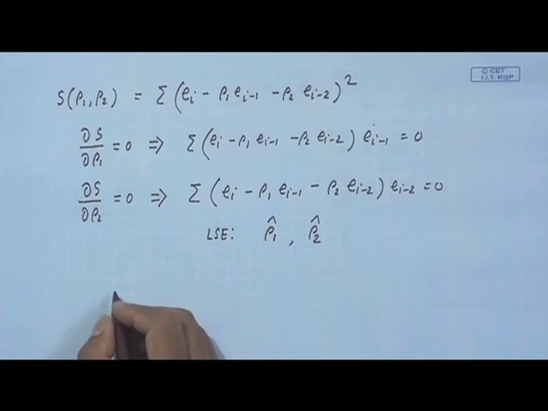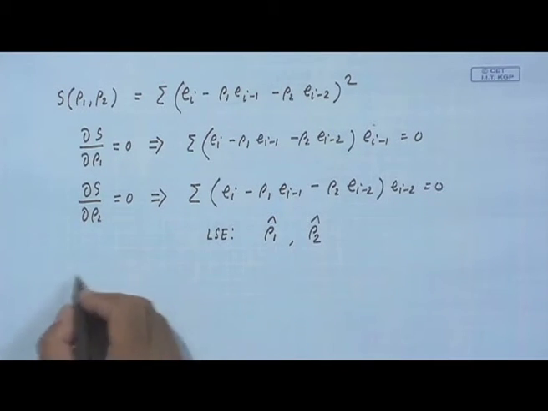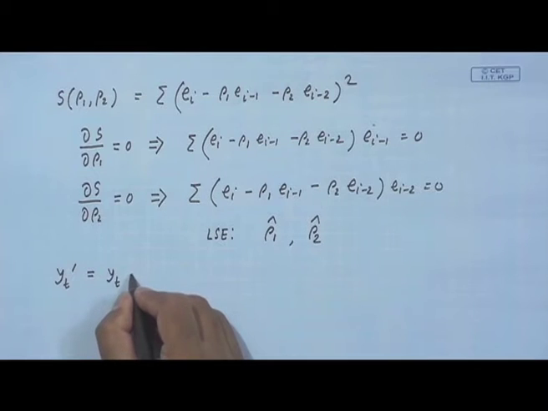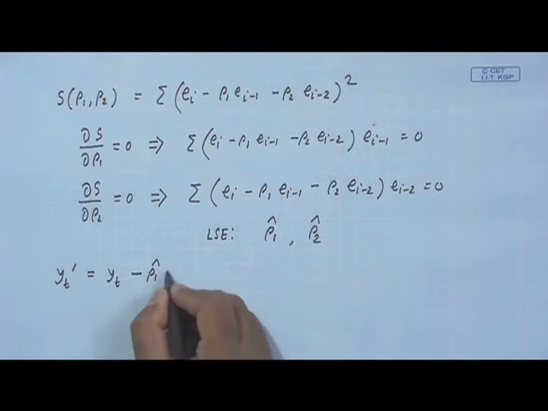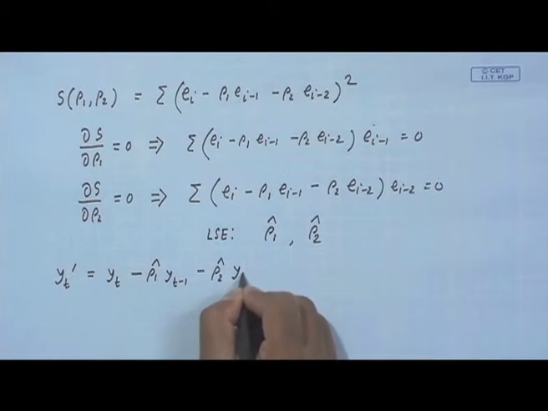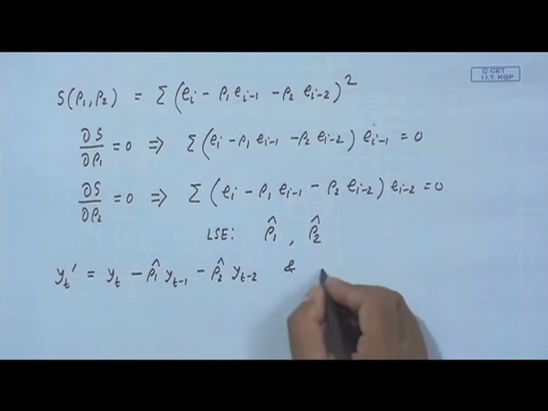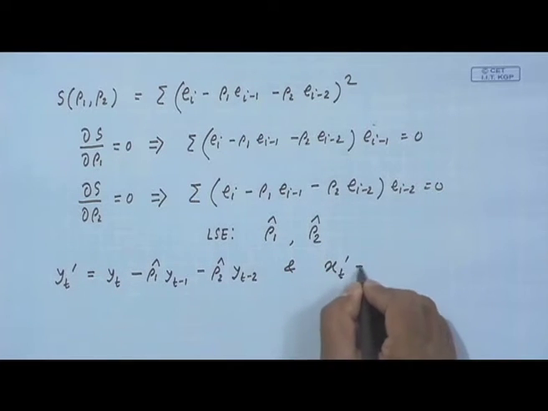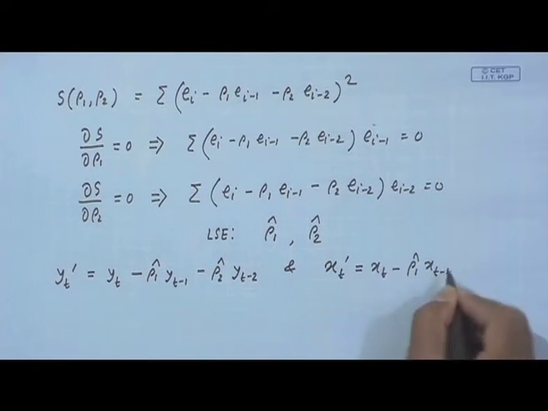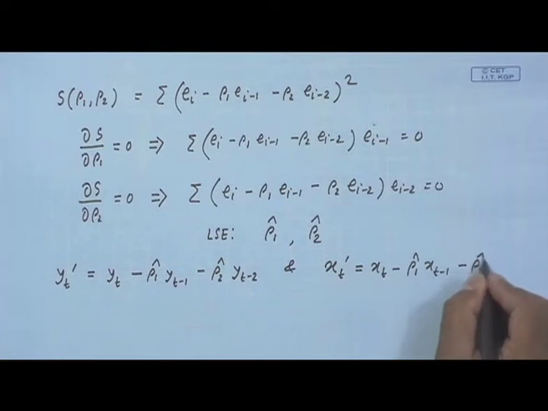So, once you have these estimated values, now you can use this rho 1 hat and rho 2 hat to get the transformed values. y t prime is equal to y t minus rho 1 hat y t minus 1 minus rho 2 hat y t minus 2, and similarly you get x t prime, which is equal to x t minus rho 1 hat x t minus 1 minus rho 2 hat x t minus 2.